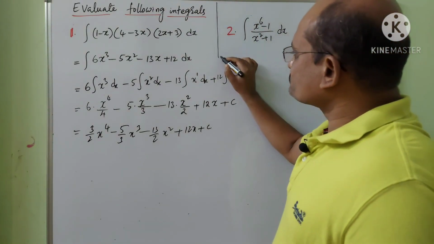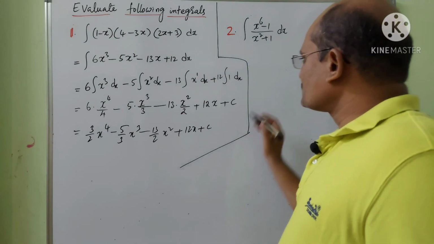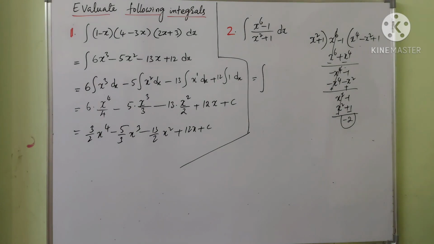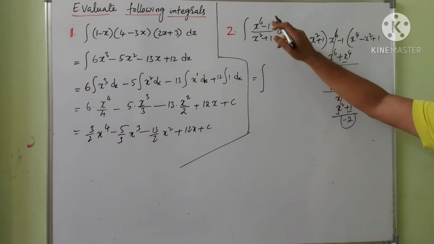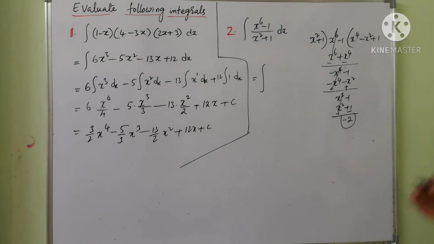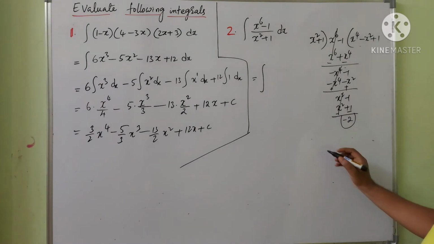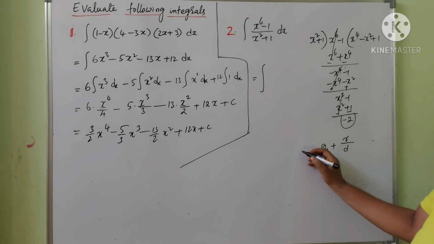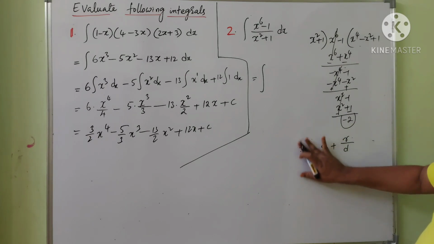Now when you divide like this, the fraction can be written as quotient plus remainder by divisor.